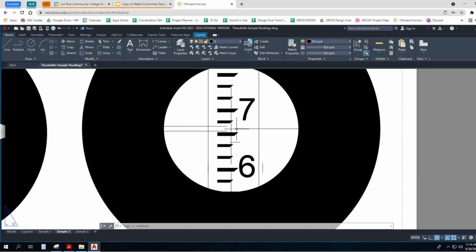And so this, right in between there, that's the point I want right there. What is that going to be? 6.2, 6.4, 6.6, and now I have to estimate. Well, that would be 6.8, 6.6, 6.8, 6.7.